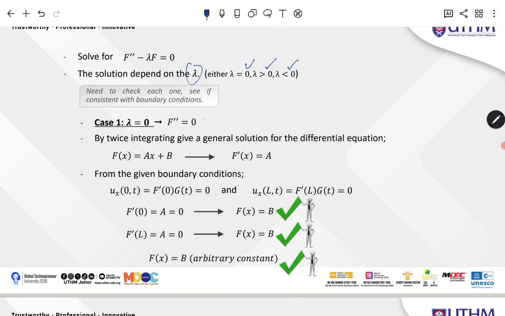We check first with lambda equal to 0, and the boundary condition is satisfied, with one of the solutions f(x) equal to ax plus b.